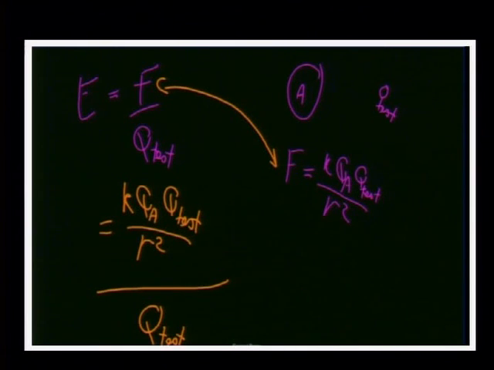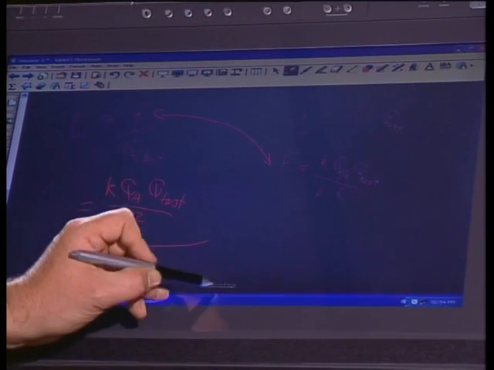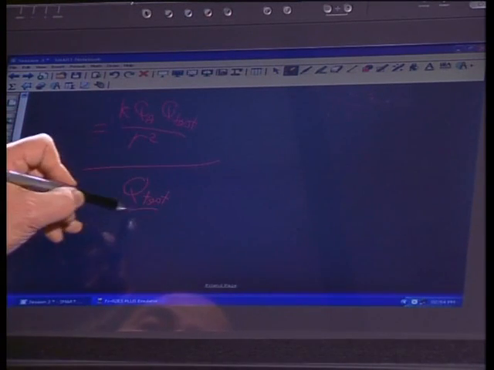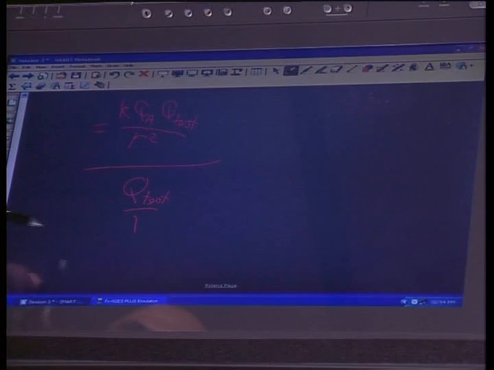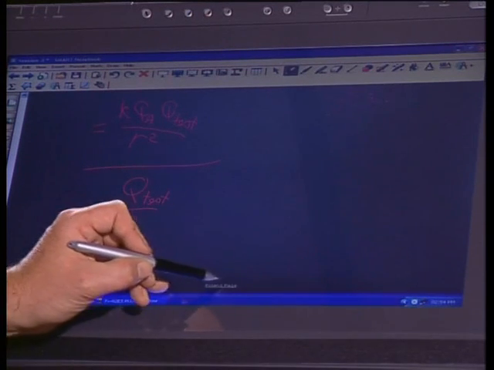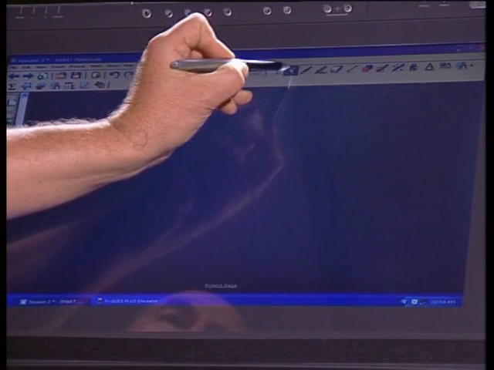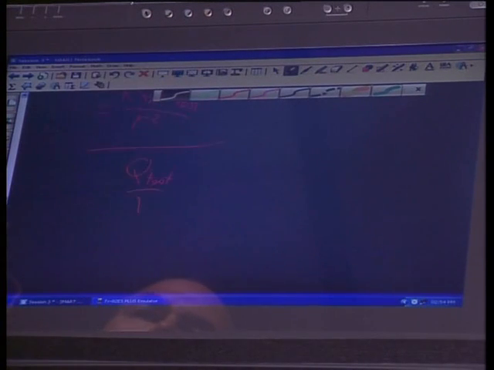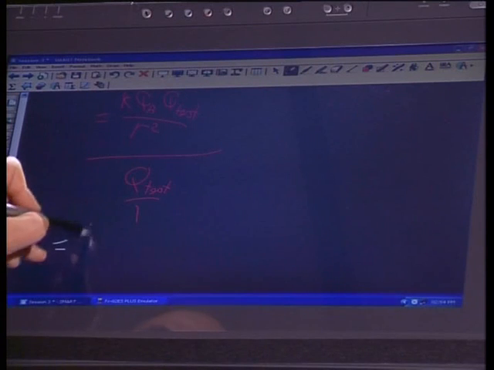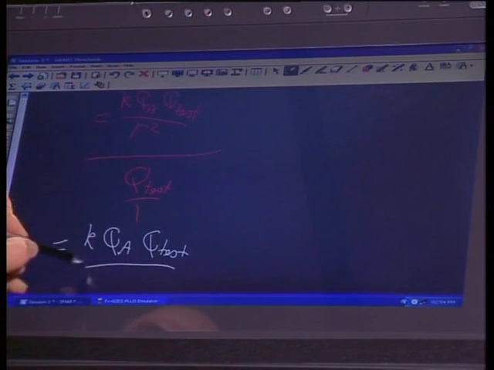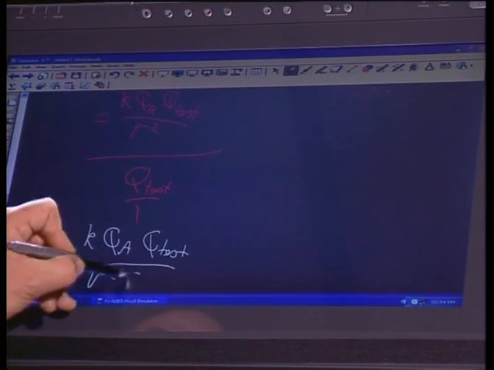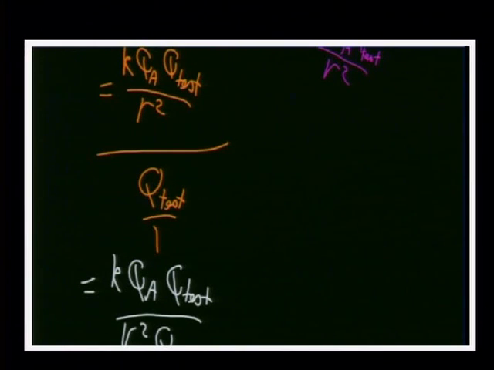Now, you should know the rule: if you're dividing by a fraction, and we say this is Q test over 1, then we tip and times, multiplying by 1 over Q test. So we get K, Q A, Q test, over R squared, multiplied by 1 over Q test.